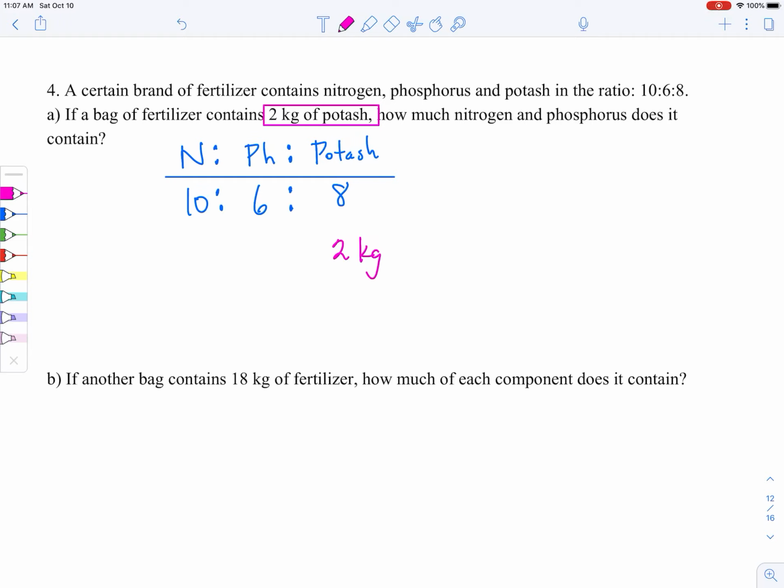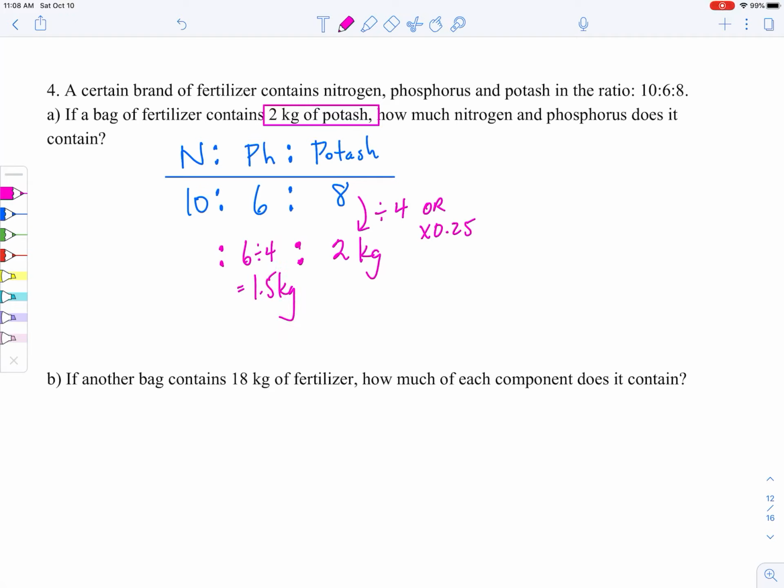So in our scaling, from 8 to 2, we would have divided by 4, or we could have said that we multiplied by 0.25, same difference. So then to find out how much of the other ones we're going to need, phosphorus would be 6 divided by 4, which happens to equal 1.5 kilograms.